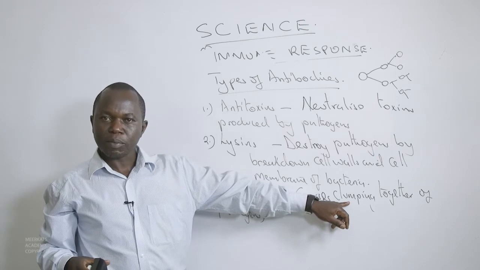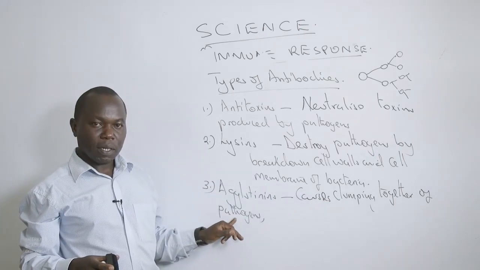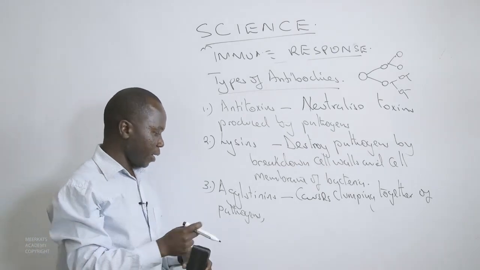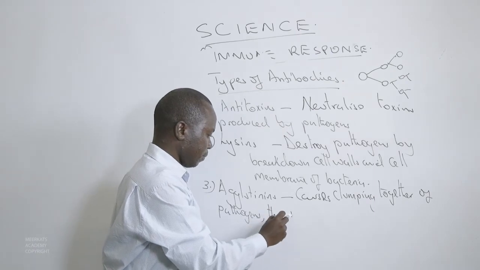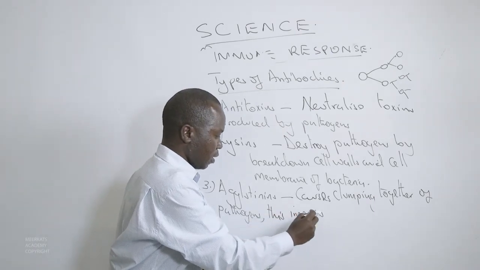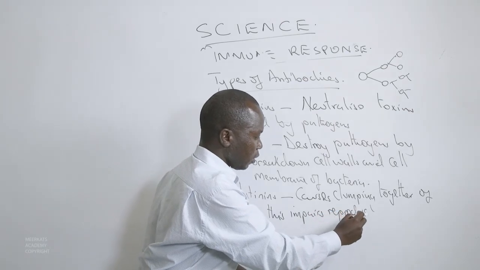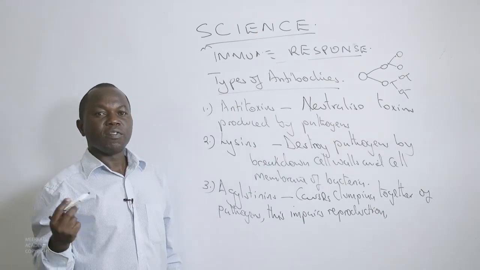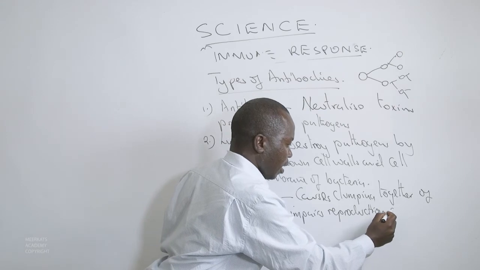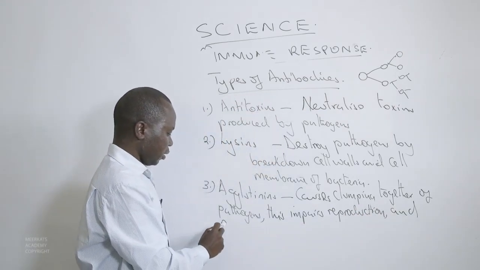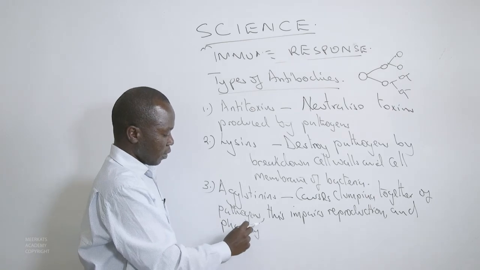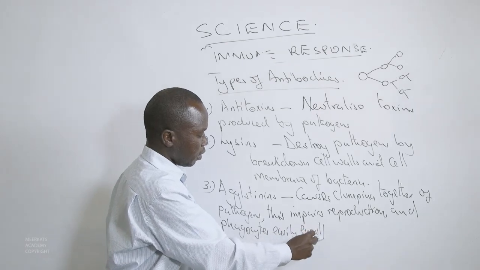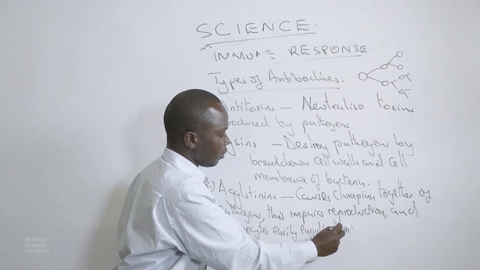But now there is clumping together of the bacterial pathogens, so their reproduction is going to be impaired. And at the same time, when they are clumped together like that, it becomes very easy for phagocytes to destroy them. Phagocytes easily engulf them.